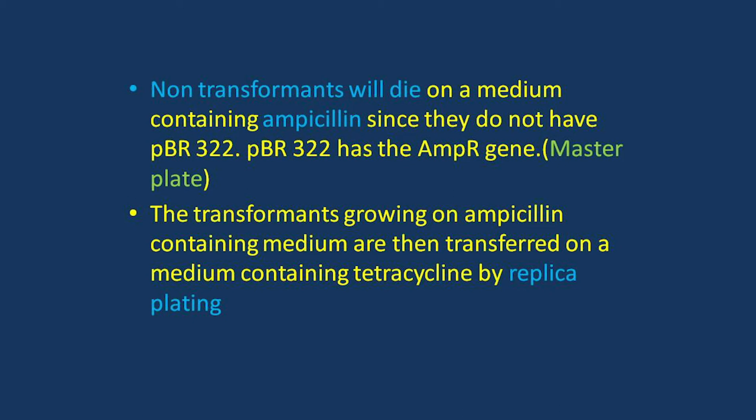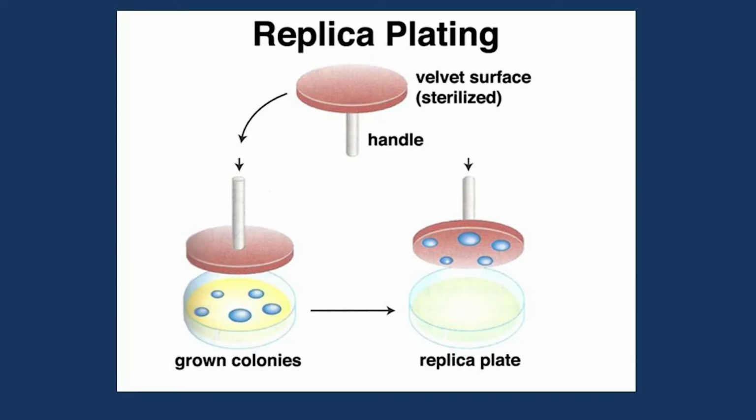Now, the transformants which are growing on the medium are transferred to another medium containing tetracycline. The technique is called replica plating. In replica plating, we take a wooden disc, attach it to a handle, cover the wooden disc with velvet cloth, and it is sterilized in an autoclave to kill all the bacteria on the velvet cloth.